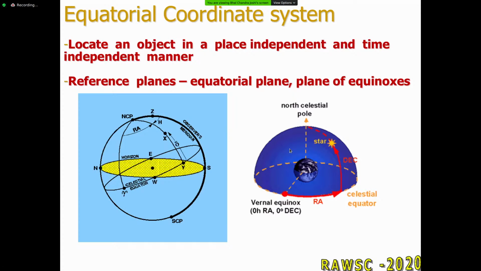Well, how would you find out that it is shorter? Whenever we had a 360-degree rotation, we had 24 hours, meaning 24 into 60 minutes. So now we are having approximately 1 degree less. Why are you having 1 degree less?